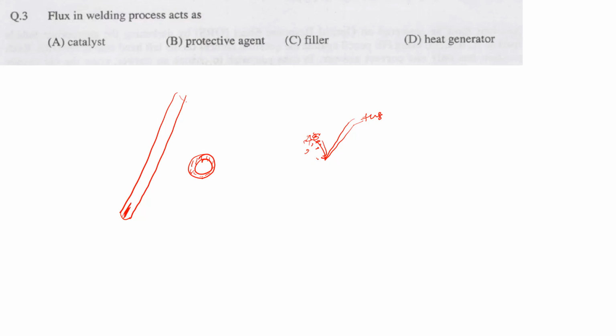So it will create a kind of barrier so that it acts in preservation so that it doesn't get oxide. So it acts as a protective agent. Not the catalyst, not the filler, not the heat generator, right?